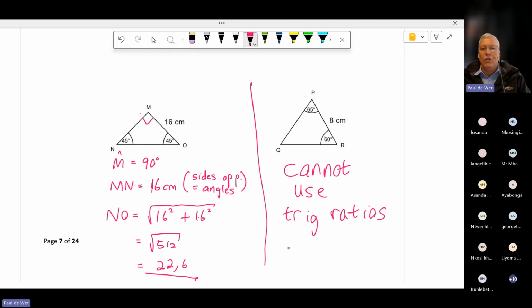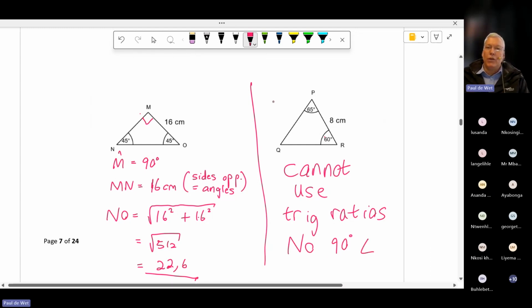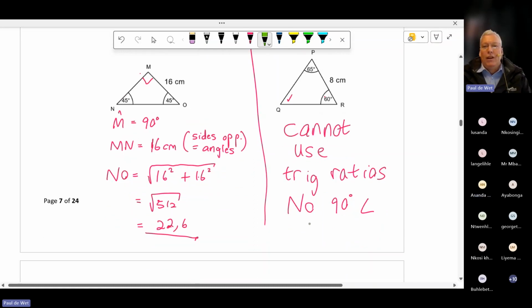There is no 90-degree angle. This question is impossible for grade 10. You could work out this angle, but you can't work out the other sides in grade 10. This question here we will learn to do in grade 11.